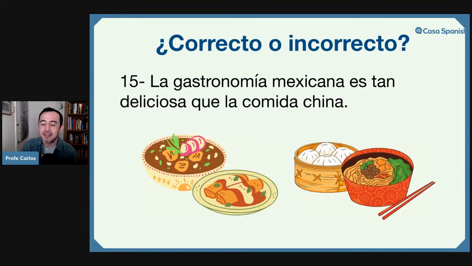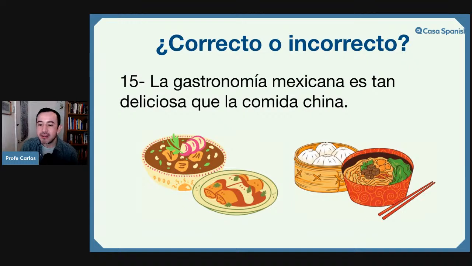Is this correct? Is this incorrect? If you think it is incorrect, what is the answer? What is the correction you would make? We have la gastronomía mexicana es tan deliciosa que la comida china.